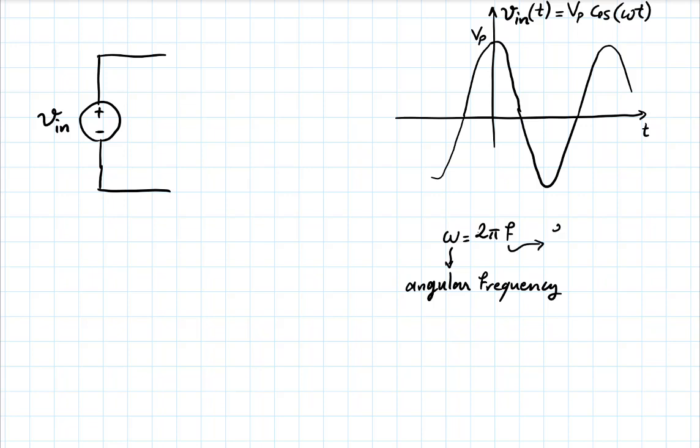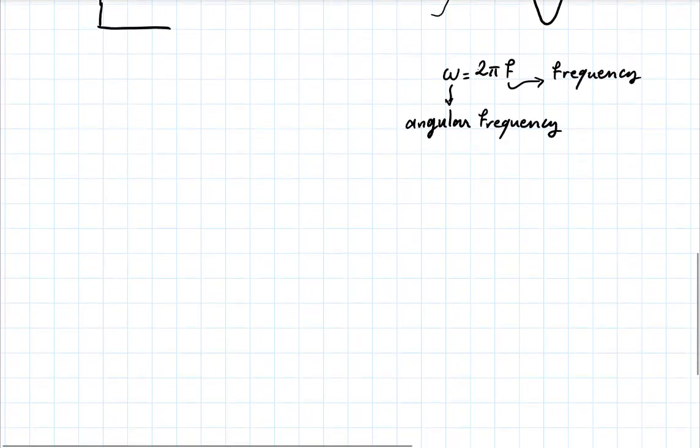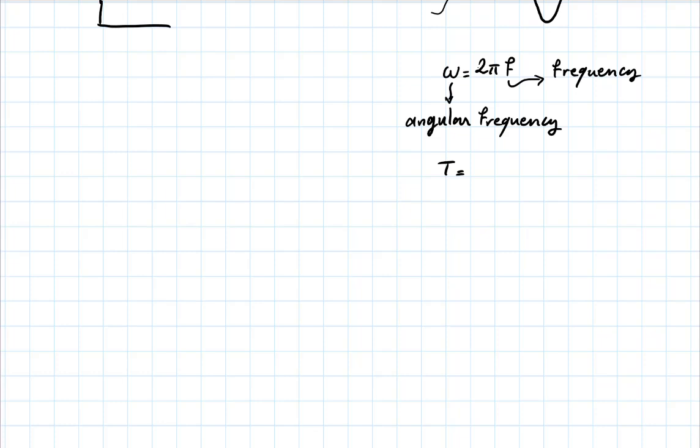F is just frequency. Then this would be 1 full cycle. Let's say T. So the signal period T is just the inverse of frequency. Frequency is in hertz. T is time in seconds.